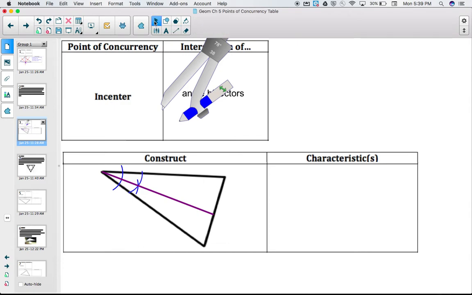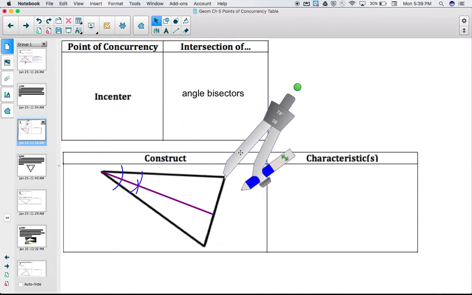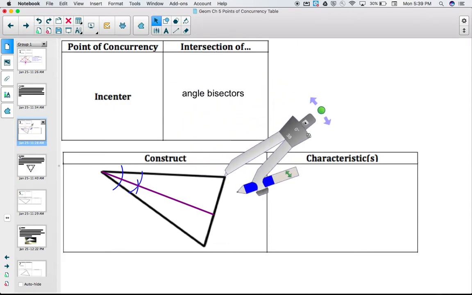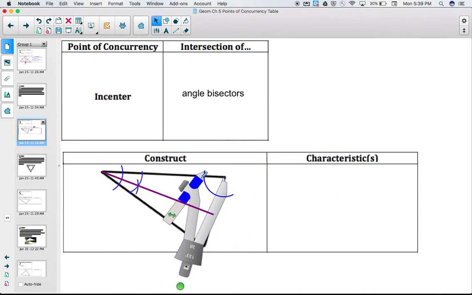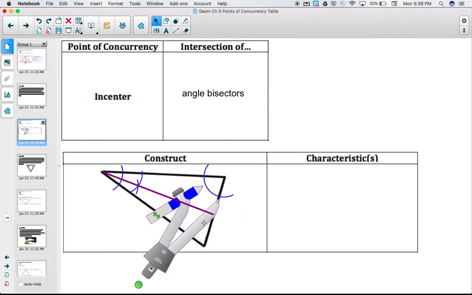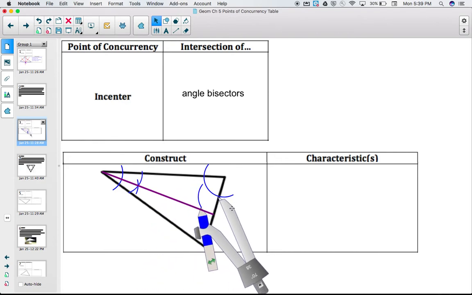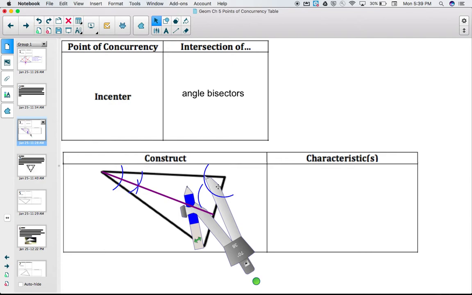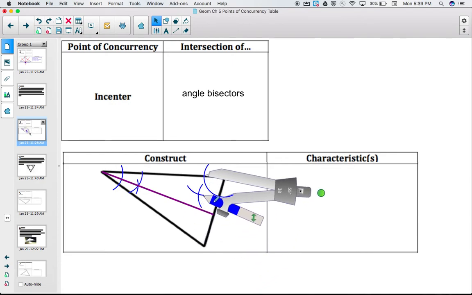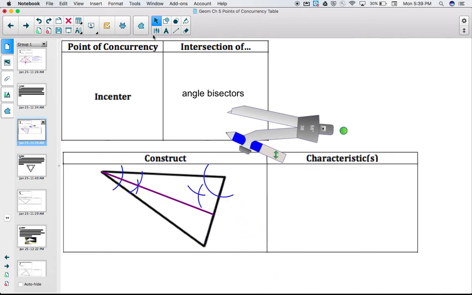So that segment has cut this angle into 2 congruent angles. Okay, move your compass to another vertex. Pick this one here. Draw yourself an arc and move to an intersection point. Draw another little arc and move to that other side, other intersection point, drawing another arc. Okay, so you can draw in this segment from this vertex through that X. And there's your second angle bisector.